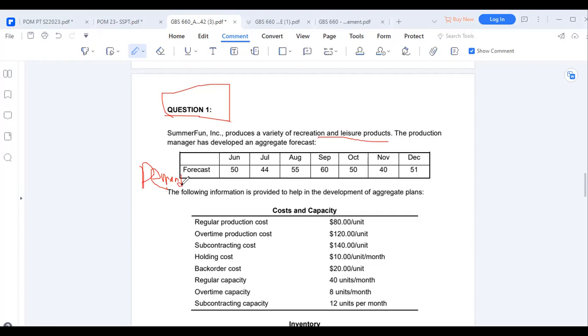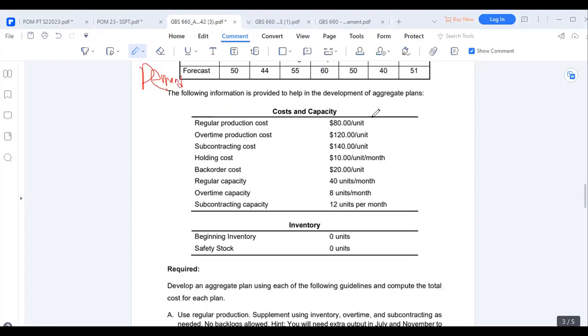Okay, and then we have the regular production cost, which is $80 per unit. Then the overtime production cost is $120 per unit.